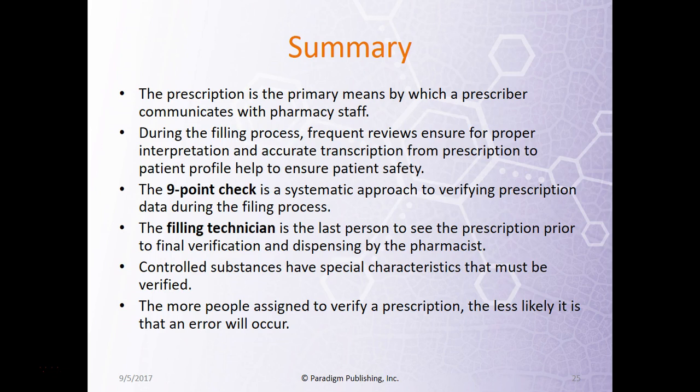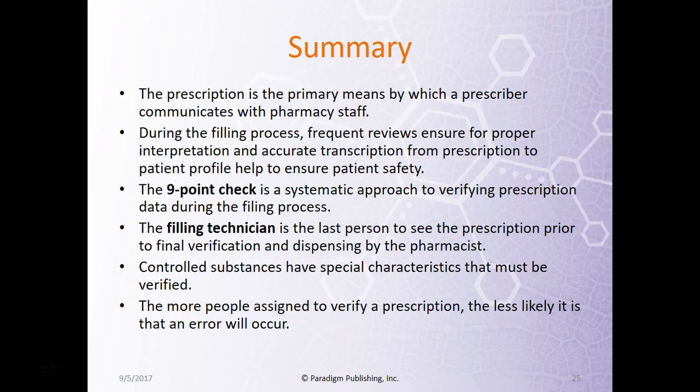So in summary, the prescription is the primary means by which the prescriber communicates with the pharmacy staff. During the fill process, frequent reviews ensure the proper interpretation and accurate transcription from prescription to patient profile to help ensure patient safety. The 9-point check is a systematic approach to verifying prescription data during the filling process.